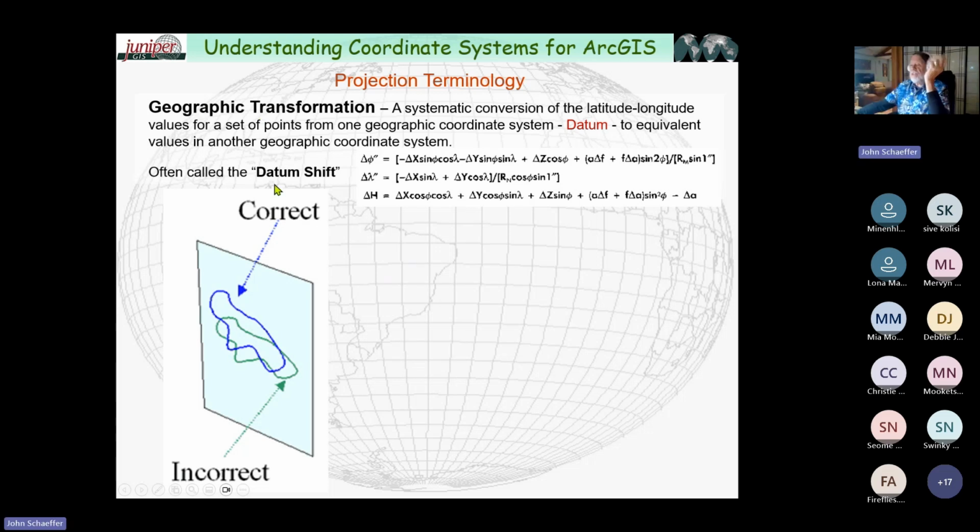And we call that the datum shift. And if you're not using the correct transformation, then you're going to get something like this, where, well, this is what I really should have, and this is what I'm getting because I'm not using the correct geographic transformation between datums. And we'll show you how to determine which ones are best.